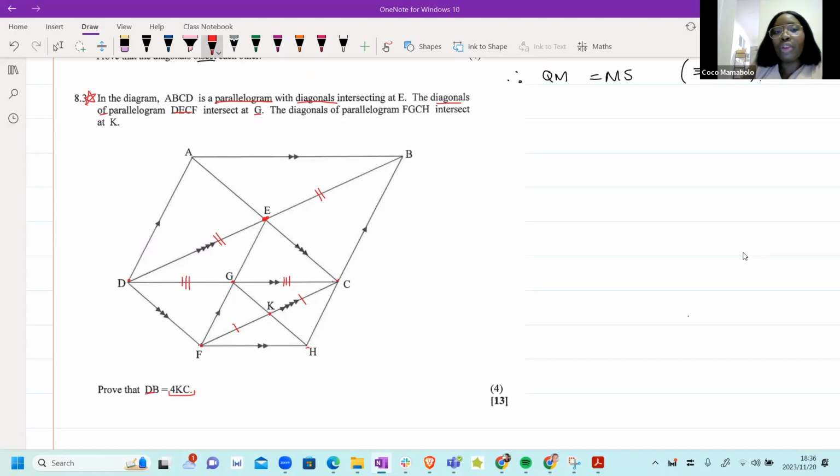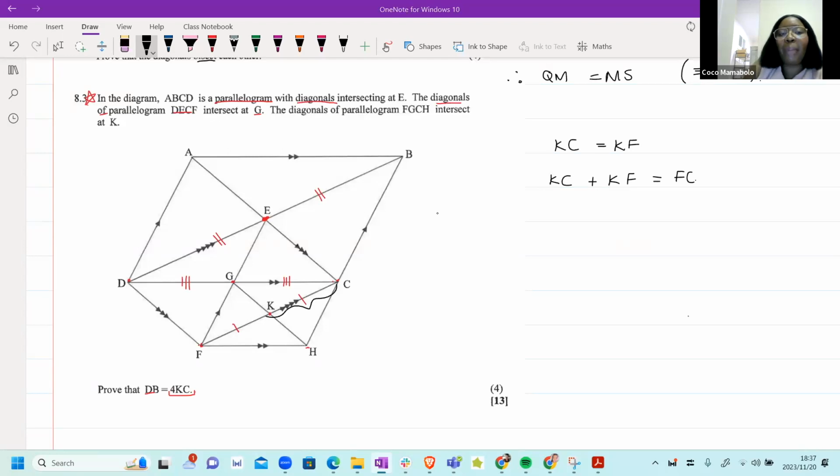Right. So my first statement is going to be that KC is equal to KF. All of you have told me that KC is equal to KF. But I also know that KC plus KF is equal to what? What is KC plus KF equal to? Good, it's equal to FC.